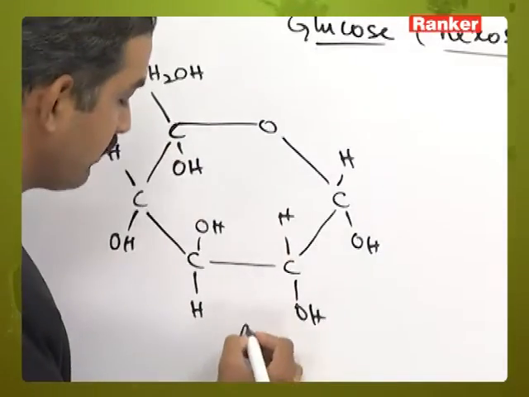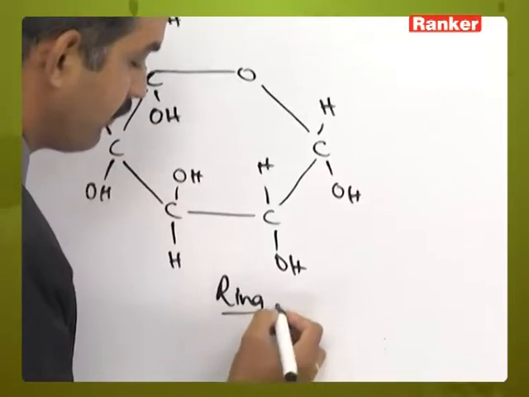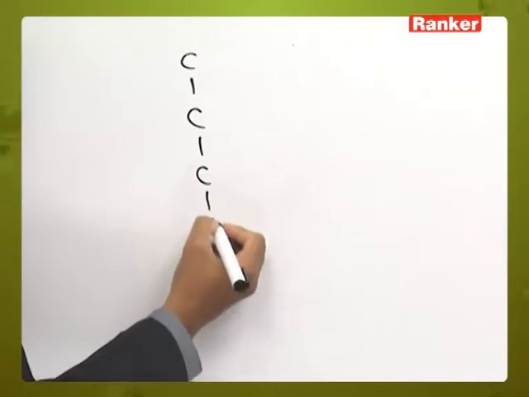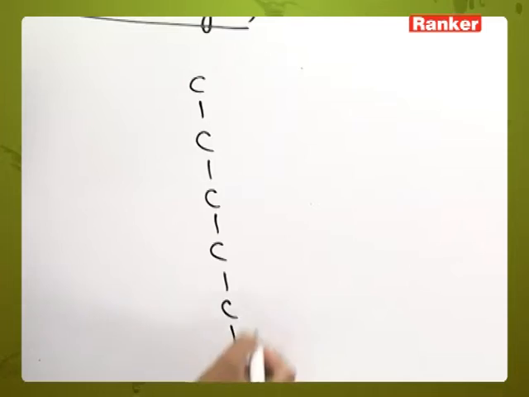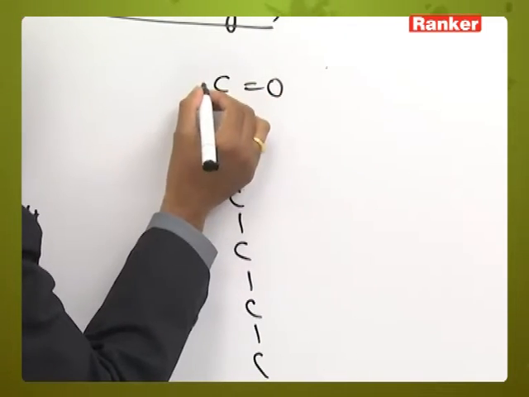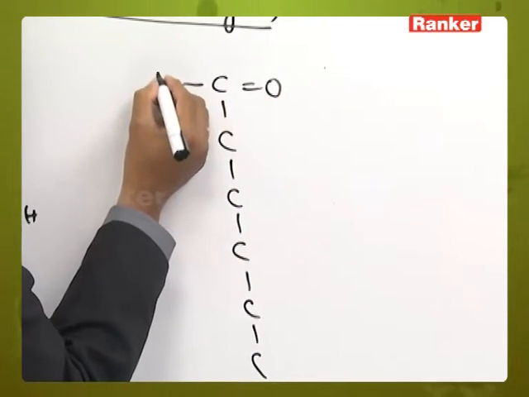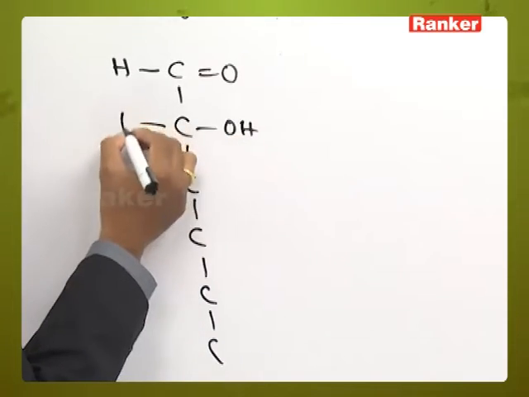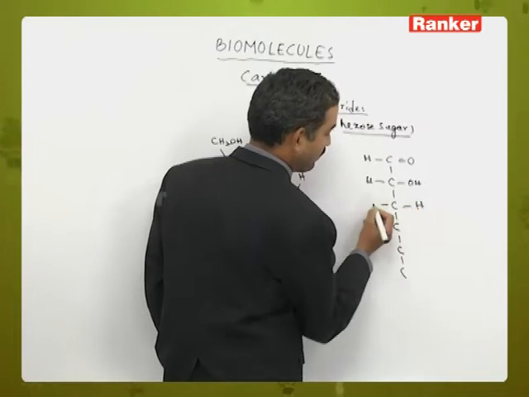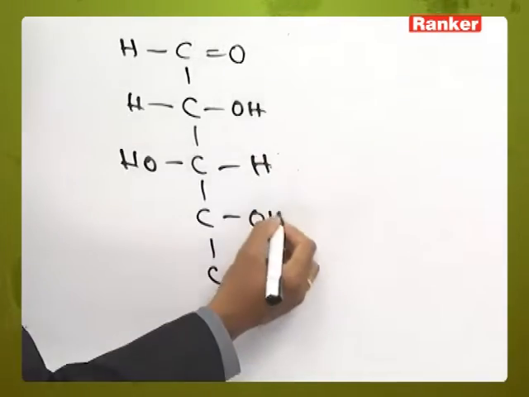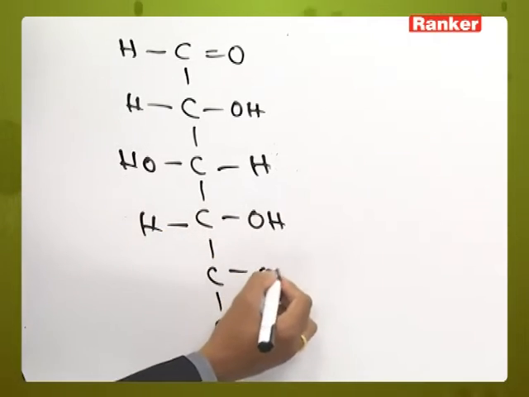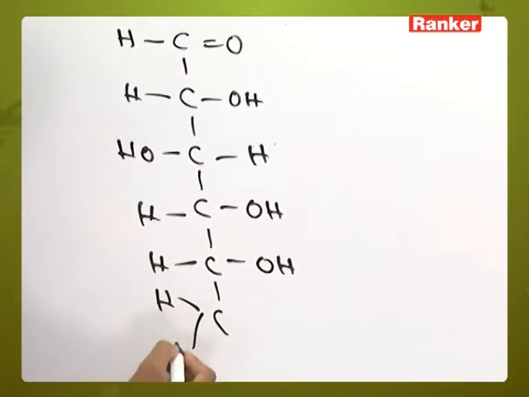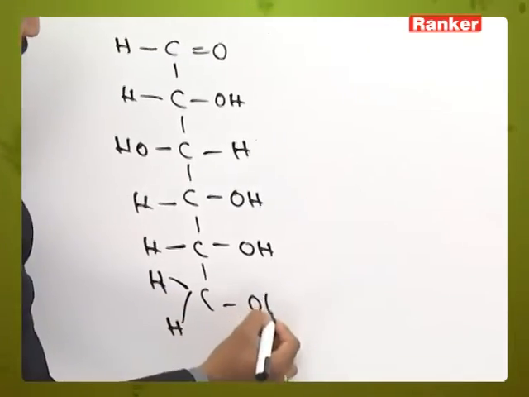This is a ring structure, whereas in the open chain structure 6 carbons are present with a CHO functional group, OH, H, H, OH, OH, H, OH, H. On the last one, 2 hydrogens and the OH group are present.